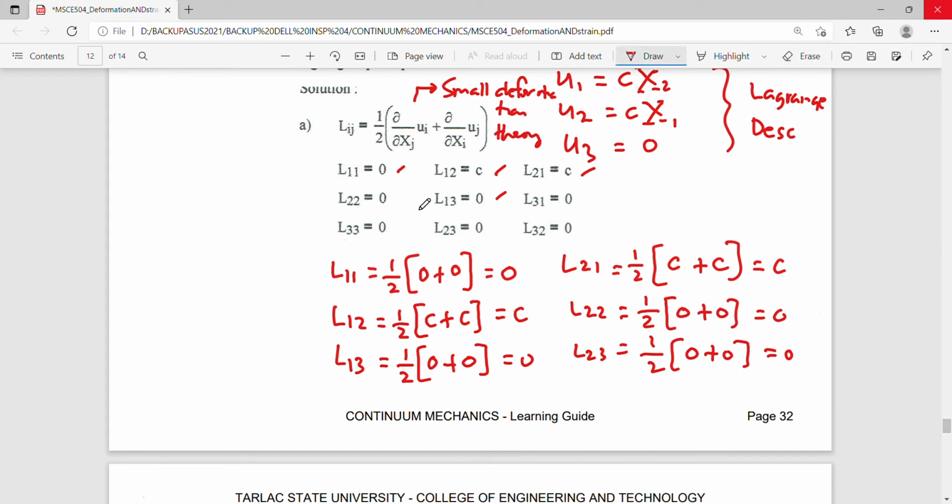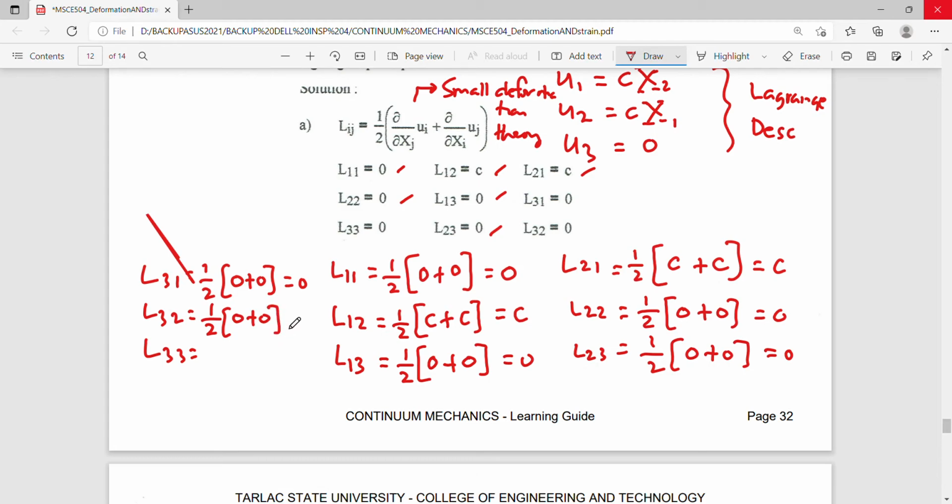Okay, so 2,2 and 2,3 are there. That leaves the last three: L31, L32, and L33. This is 1 half, 0 plus 0. 3 and 1, none; 1 and 3, none, 0. 3 and 2, none; 2 and 3, none.